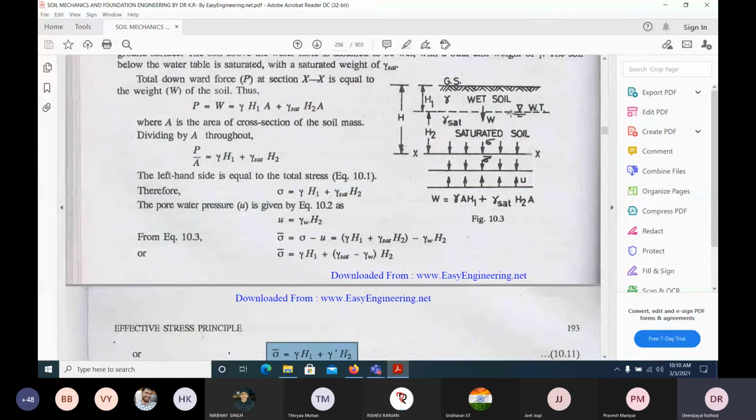So we have three states: one is fully saturated, one is bulk unit weight, one is dry. Hope it is clear. If you put a tube, the water will rise up to here only, not up to the ground surface.